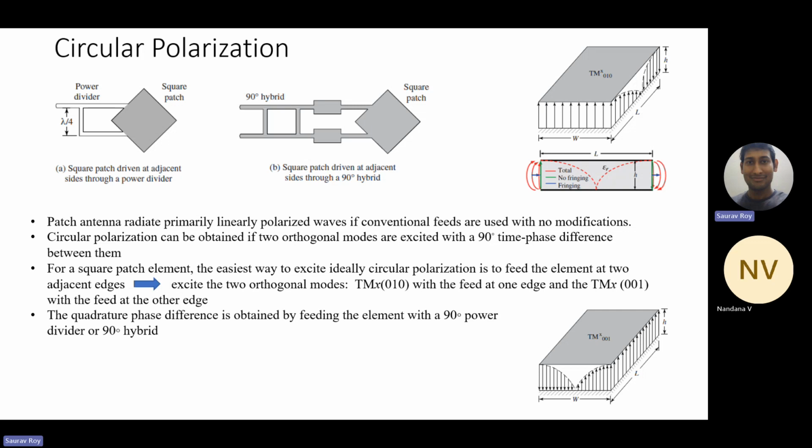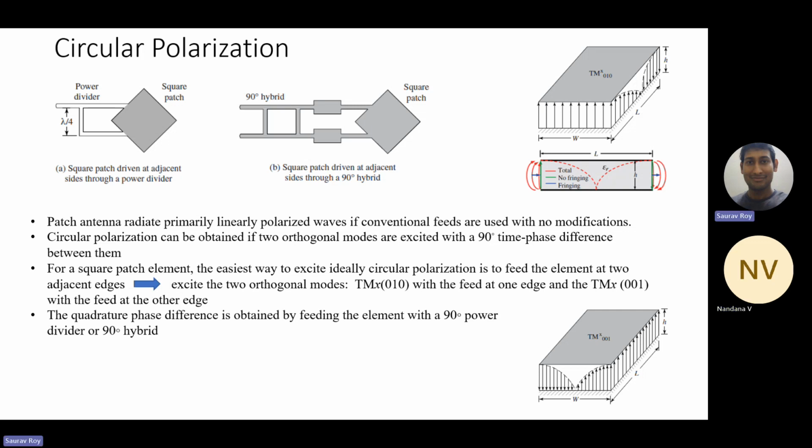It becomes a linear polarization antenna, but we need another plane perpendicular to this plane, because this is, let's say, Ex. Now we need another Ey also for circular polarization, right? So how do we get that? Then we should have another feed point at some other location so that the TM001 mode is also excited, right?